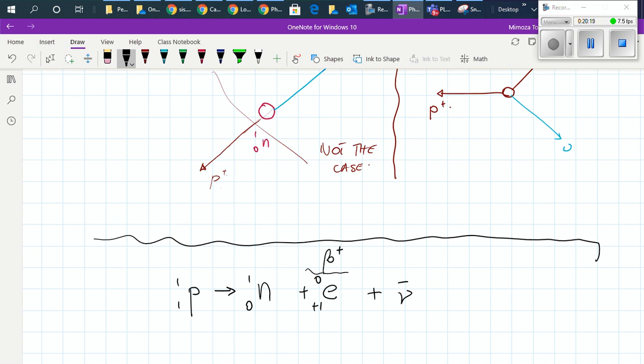The antiparticles are written with this line on top here, which tells that they are antiparticles of each other.